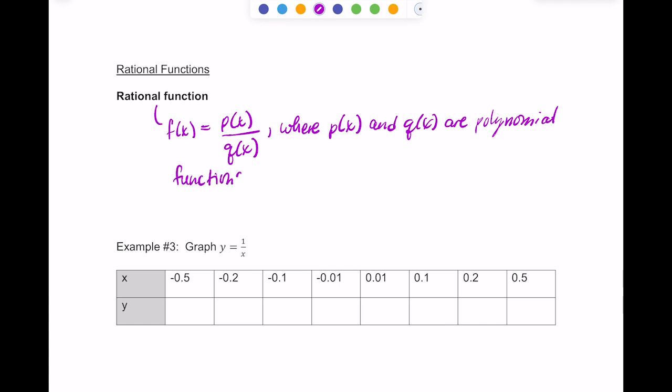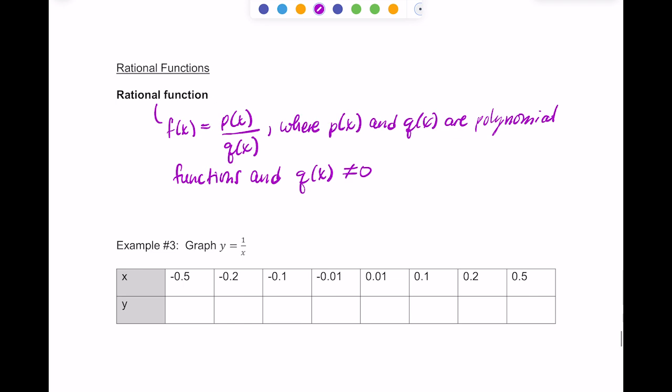And q of x cannot equal 0 because then the function would be undefined, or you could end up with 0 divided by 0, which is indeterminate. So a rational function is just a fraction, but the numerator and denominator are polynomials.